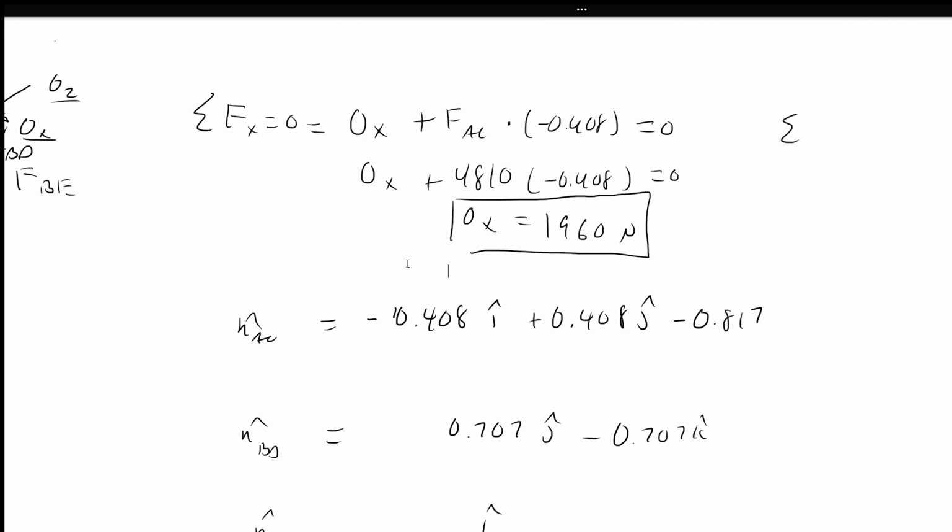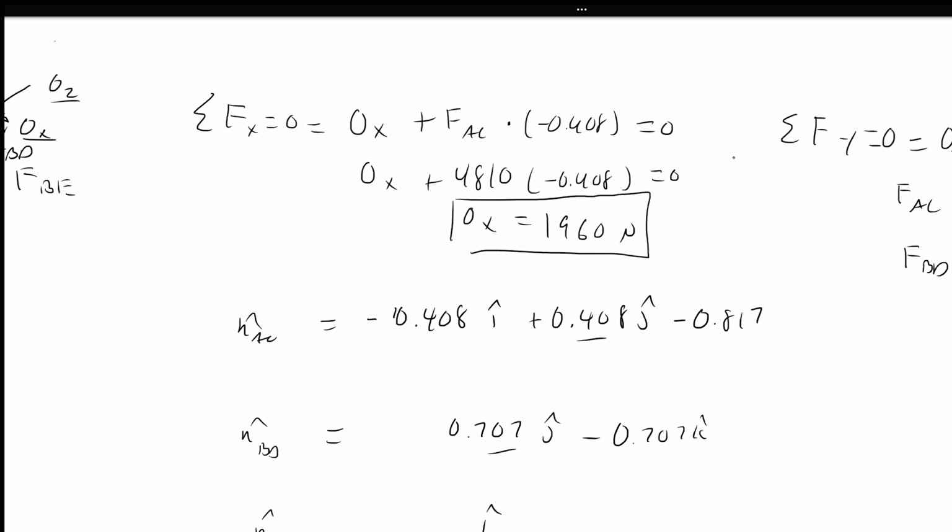Okay, sum of F_y is 0. Oh my god, it does not like how big this document is getting. Is equal to O_Y plus, so the y components are going to have n_AC, so we're going to have F_AC times this one, 0.408, and then we're going to have n_BD times this one, F_BD times 0.707.